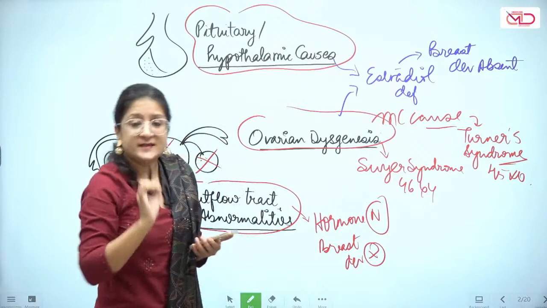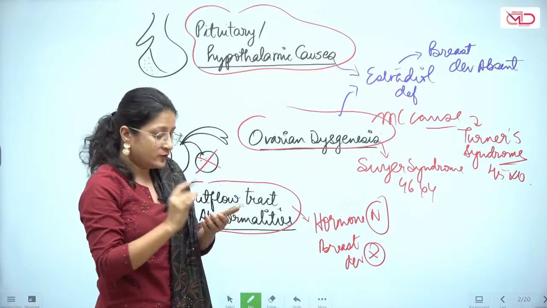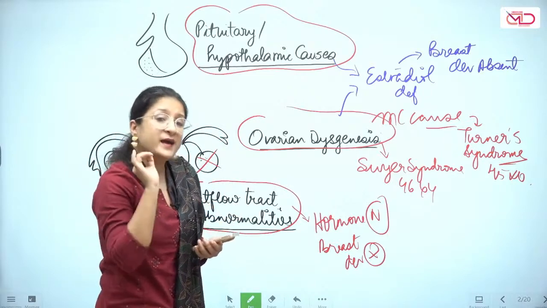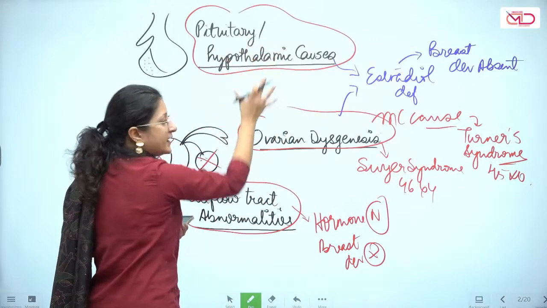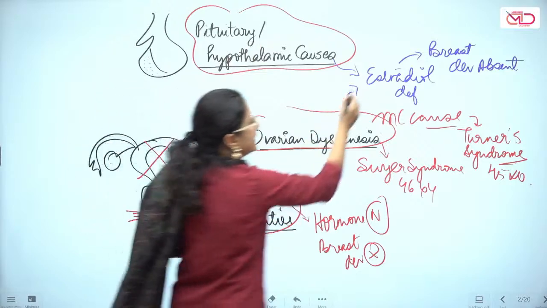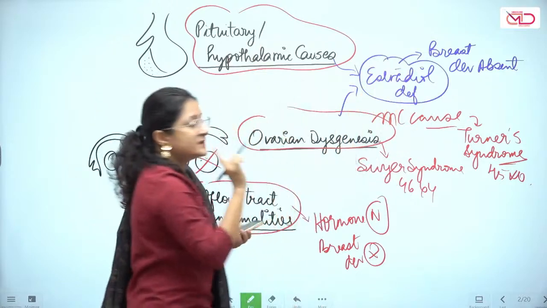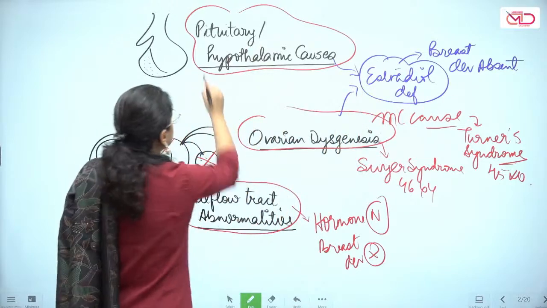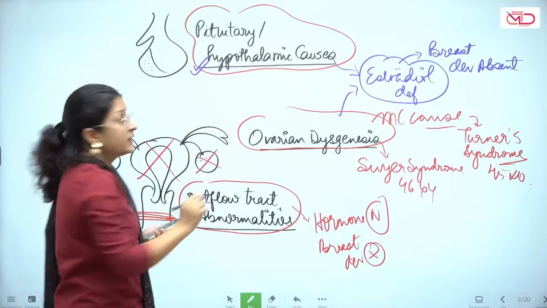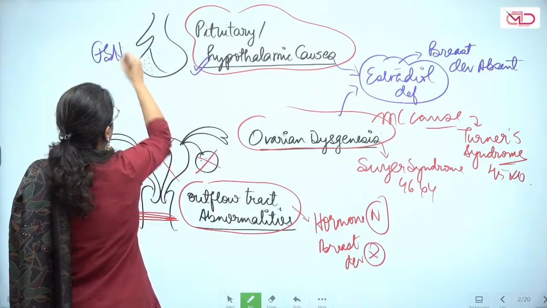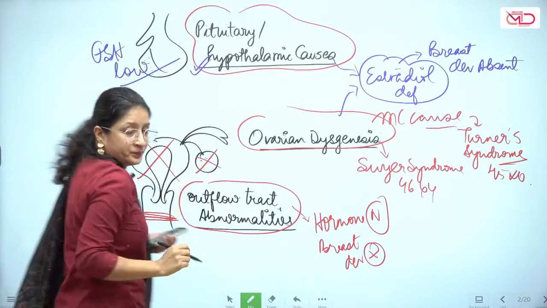Now next step, focus on the hormone levels and the serum FSH levels, because in both conditions, pituitary hypothalamic cause or ovarian dysgenesis, estradiol is deficient, okay? But if there is a pituitary or hypothalamic cause, the signal from above is not coming, so your FSH levels are going to be low.